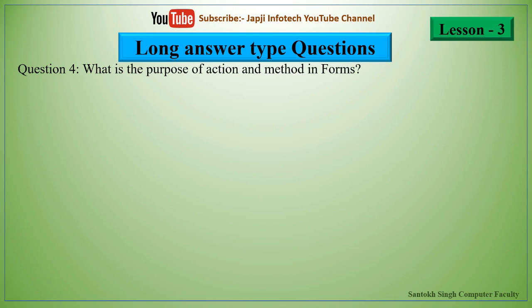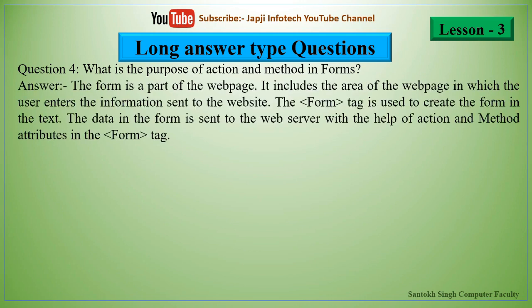So next question is, what is the purpose of action and method in form? The form is a part of the web page. It includes all the area of the web page in which the user enters the information sent to the website. The form tag is used to create the form in the text. The data in the form is sent to the web server with the help of action and method attribute in the form tag.